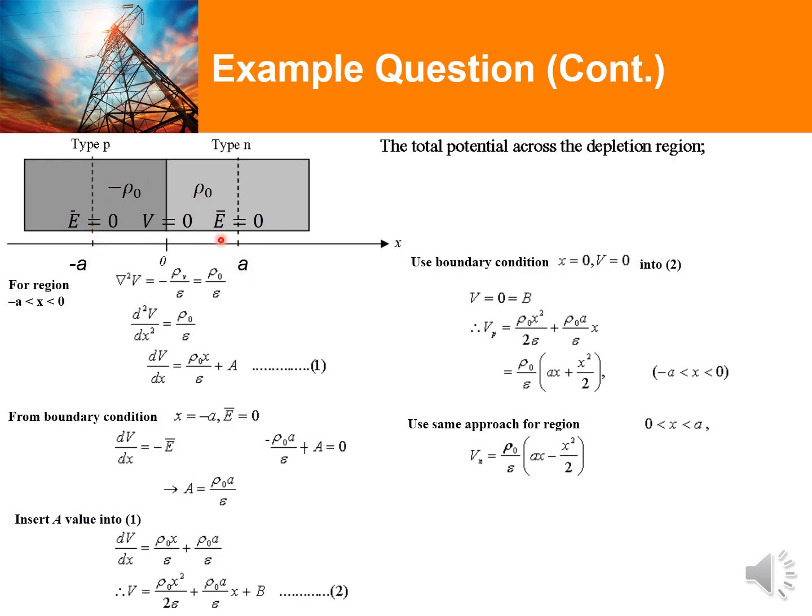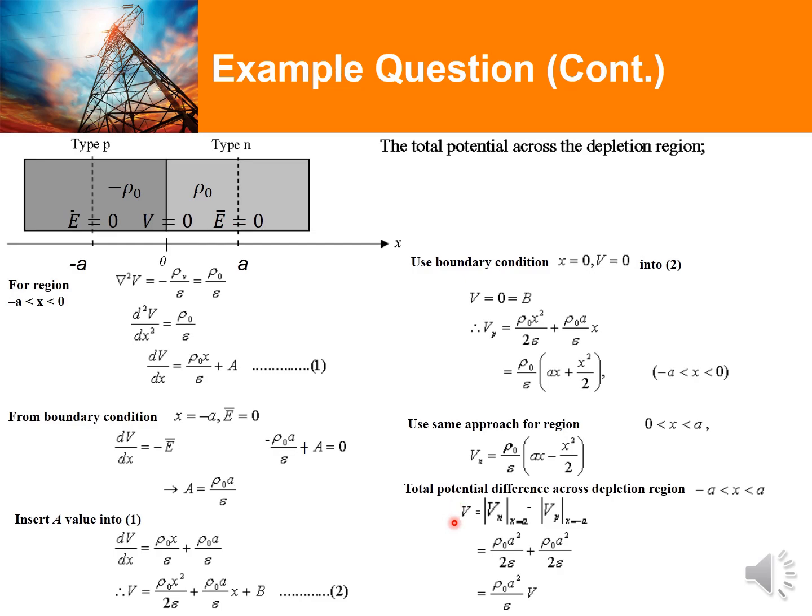The potential difference between these 2 points can be obtained if we put in the value of x at these 2 points, based on our knowledge of the boundary of the depletion region. When trying to find the potential difference, we first obtain the potential at the point where x is equivalent to a.